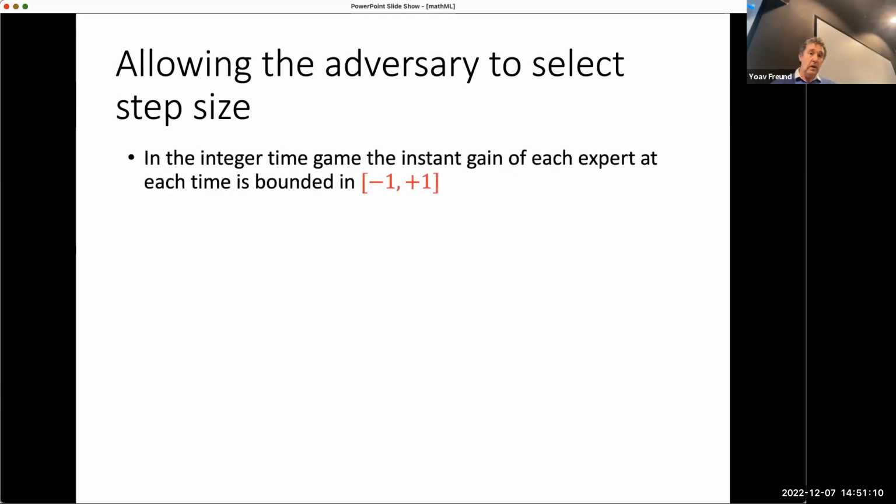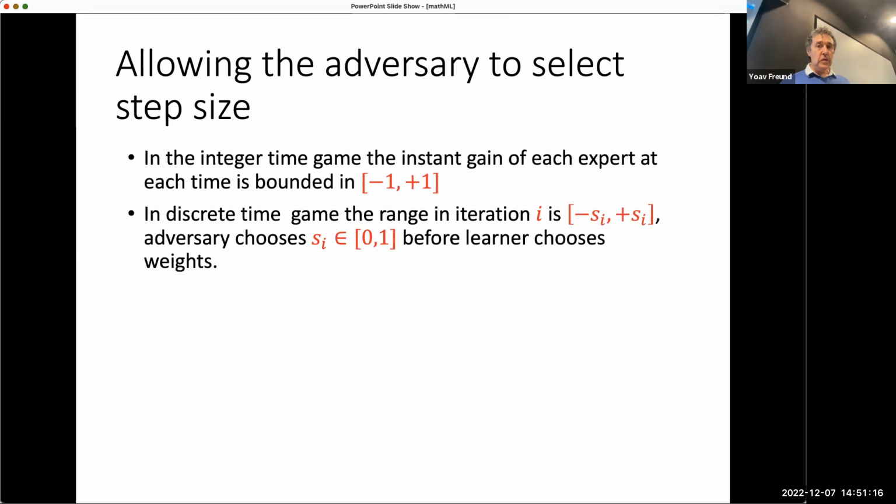In general, the loss is between -1 and 1, and we're going to tell the adversary you can choose the range: at most 1, but you can choose smaller. That doesn't really make sense by itself because, of course, the adversary always wants to do the maximal step. So there has to be some balancing.